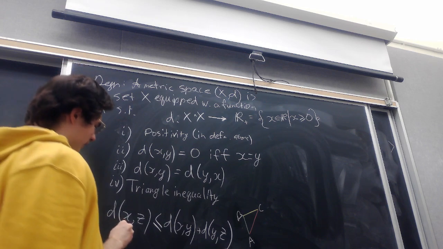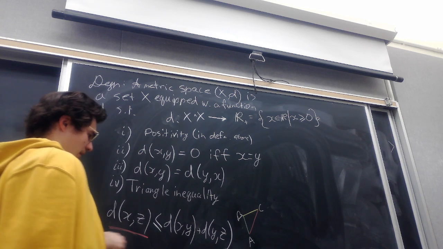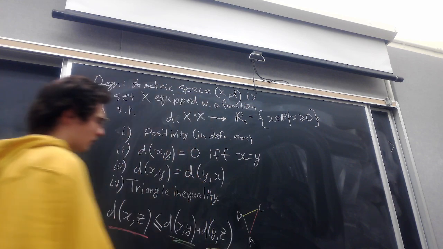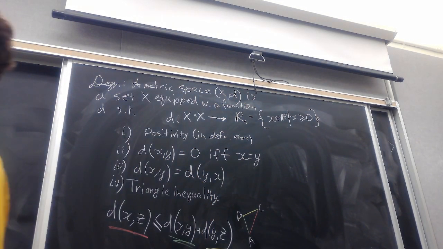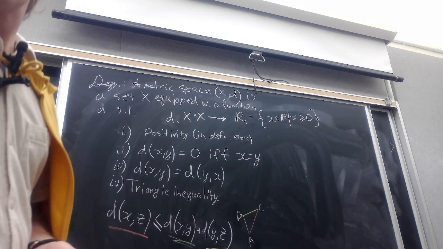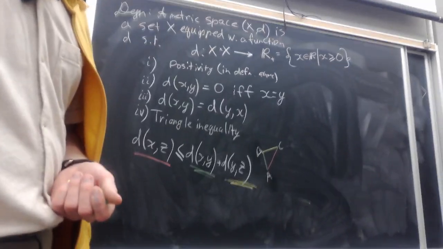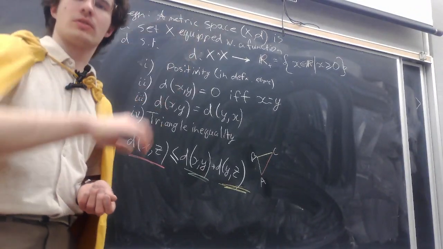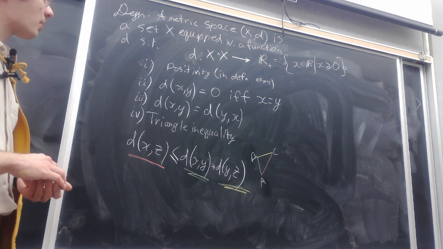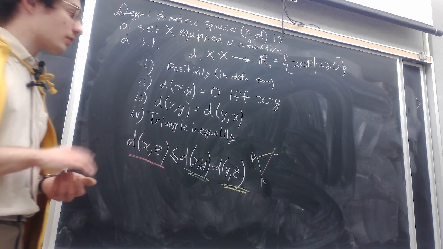So this is the red line, this is the green line, and this is the yellow line. Does this make sense? Yes? Good. All right. So now this is a metric space.